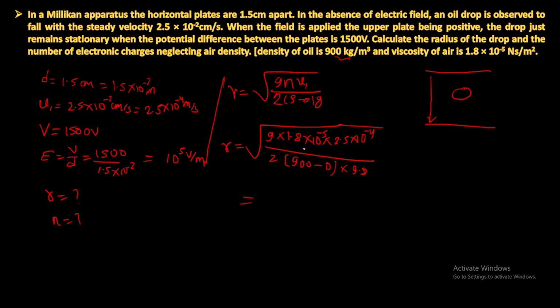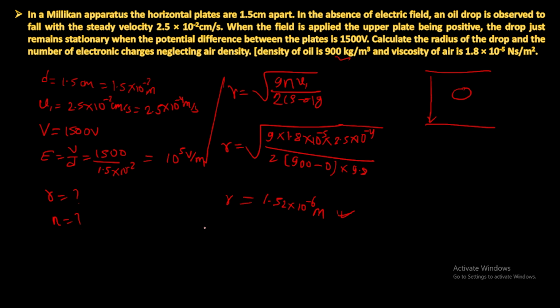By calculating these numerical values, I have found the radius of the given oil drop is 1.52 into 10 to the power minus 6 meter. Use your calculator to solve the numerical quantity here. This is the first question.